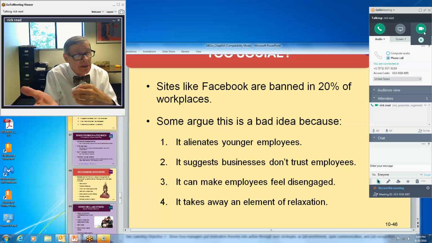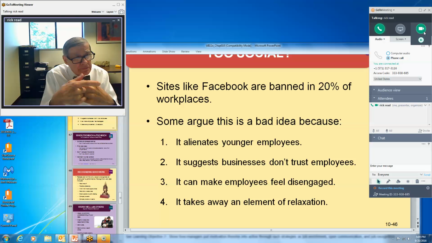It means that organizations don't trust their employees. I think what it says is organizations are concerned about their image, and they have every reason to be concerned about their image. And if an employee does something and whatever that social media post is negatively impacts the company, then you can expect some kind of retribution.